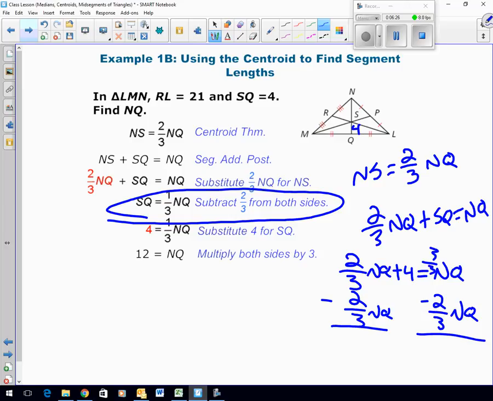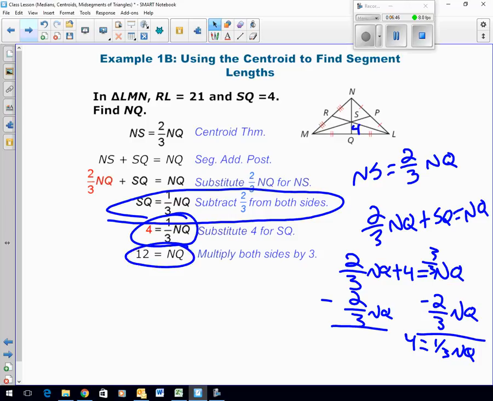That's how they get this little part right here. 1/3 NQ, 4 equals 1/3 NQ. I can divide both sides by 1/3 or multiply by the reciprocal 3/1. And that's how you get 12. I think y'all can tell just by that, that's the toughest problem. That's the toughest thing I can ask you in this situation.